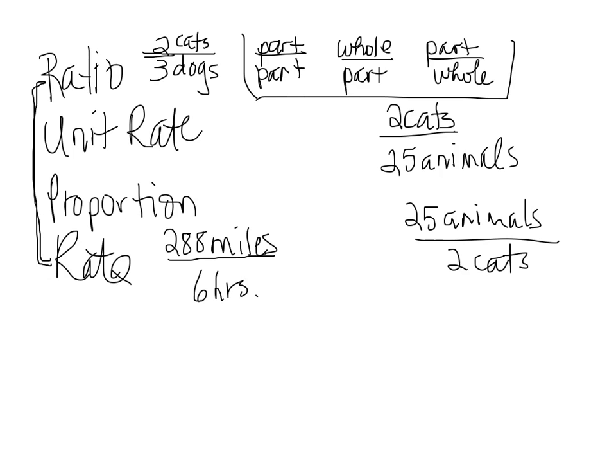I'm doing part to part, right? Because I'm talking about what part? Miles. What part? Time in hours, right? So they're 2 different things. So I'm doing a part to part comparison. Now, what it's saying is in 6 hours, this family goes how far? 288 miles.